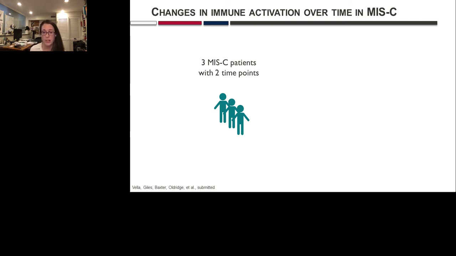And so we wanted to understand what the immune system looked like at those different time points when they came in and were really sick, and also what they looked like when their clinical symptoms were improving. So we had 3 different MIS-C patients where we were able to collect 2 different time points and ask how the immune system was changing over that time.